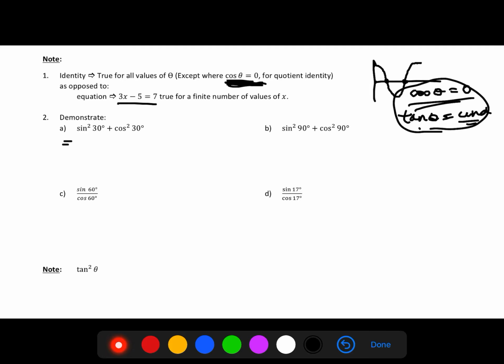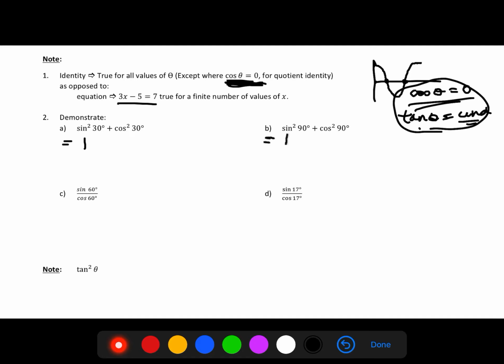So demonstrating, and here you're just going to punch these into your calculator. So sine squared 30, or sine 30 squared plus cos 30 squared, and you can do that right in your calculator. Notice you get 1.